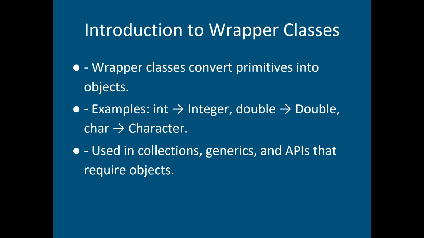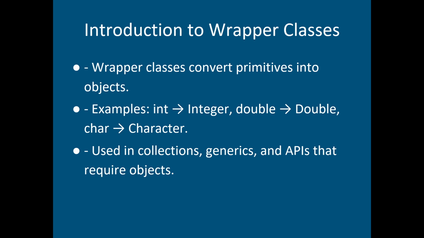First, I will give you a basic introduction to wrapper classes and why we actually need them. A wrapper class is nothing but a wrapper around your primitive data type. As we already know, Java provides primitive data types like int, char, long, double, float, right?